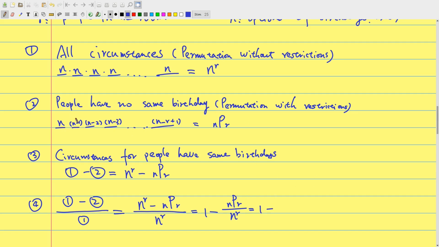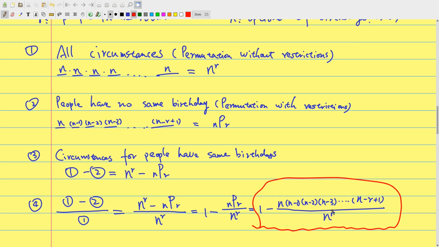Here, n permute r is n times n minus 1, n minus 2, n minus 3, keep going, until n minus r plus 1, over n^r. This should be the formula for the general solution.